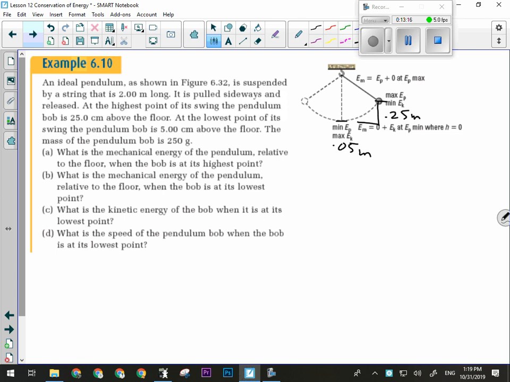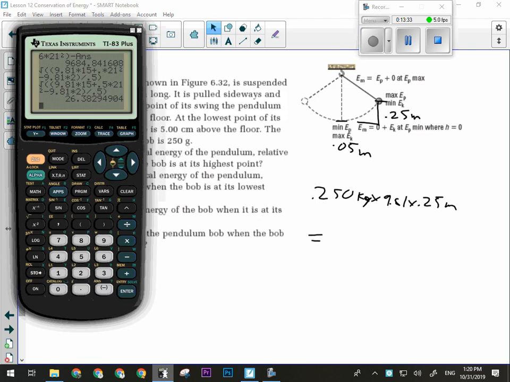So that'll be 0.250 kilograms times 9.81 times 0.25 meters, because it did say relative to the floor, and it was 0.25 meters above the floor. So our potential energy, and thus our mechanical energy, is going to be 0.613 joules.